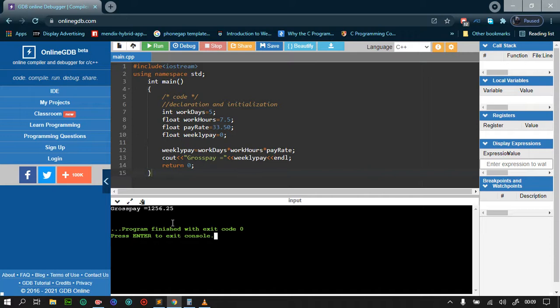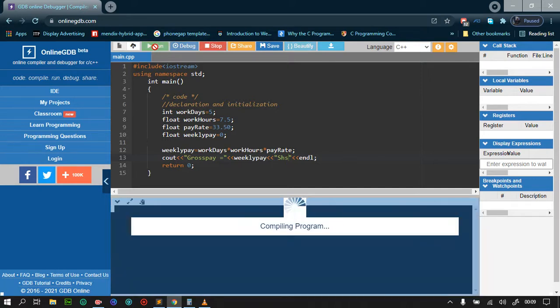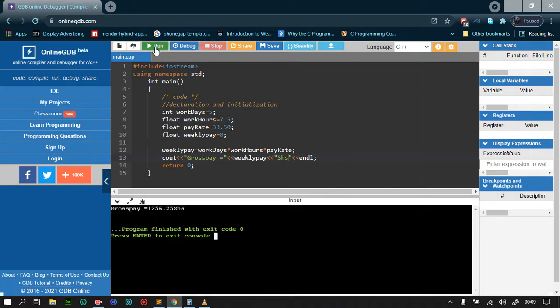If you wanted to say shillings, this is a variable, so you cannot join it to a non-variable. So you can open another stream here. That stream will be a non-variable, so it will be in double quotes. Then you can say shillings or dollars or whatever you wish. Once again, if you run, it will tell you those are the shillings you're working for. Now we have that portion of the program.